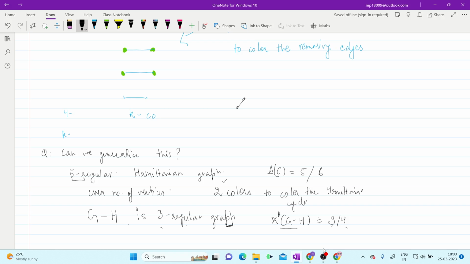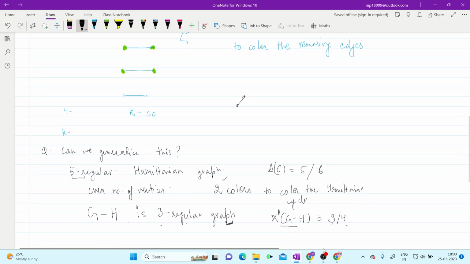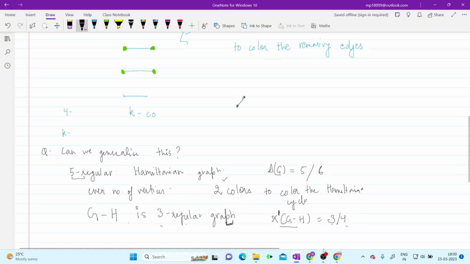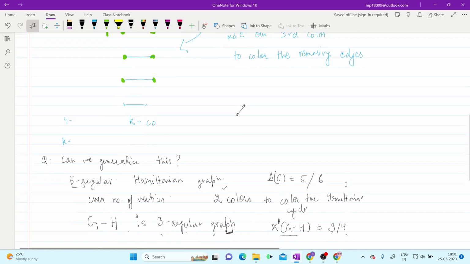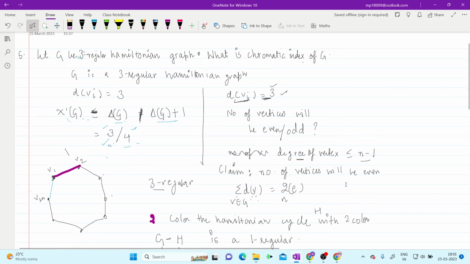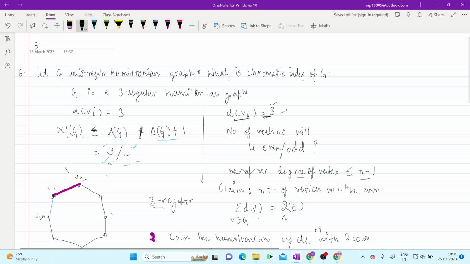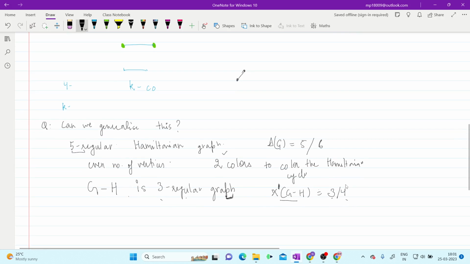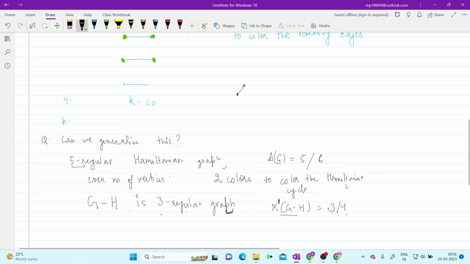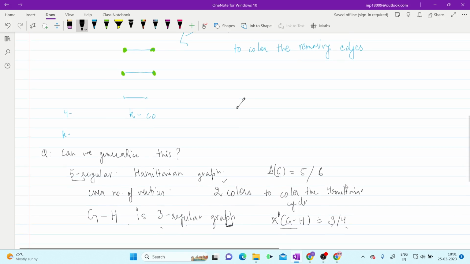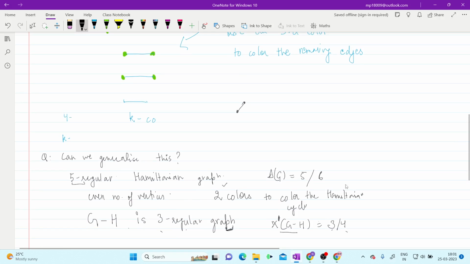Even if it had an odd number of vertices, then maybe we could have said something. So I don't think there is any direct generalization for this case. I don't see it right now. But for a 3 regular graph, we can say that it is coming out to be 3. At least using this same method, we cannot conclude that we can generalize this. Maybe there's some other method.